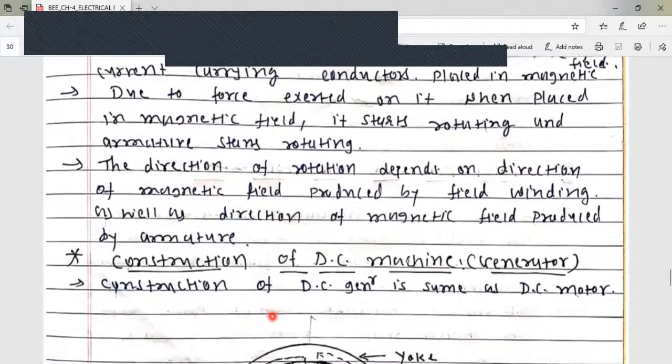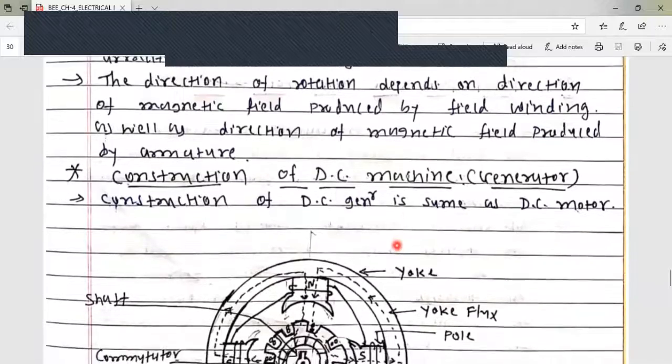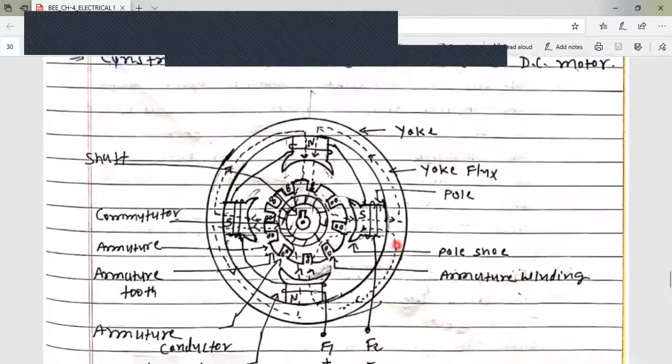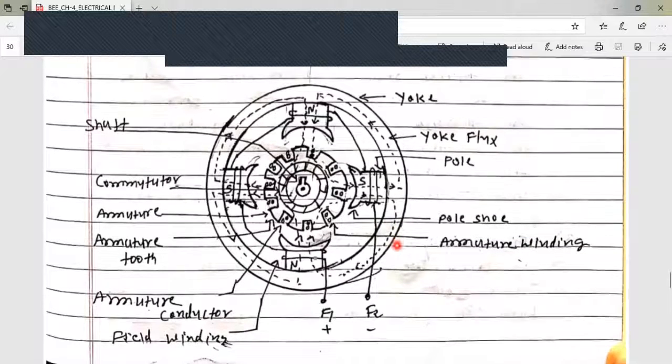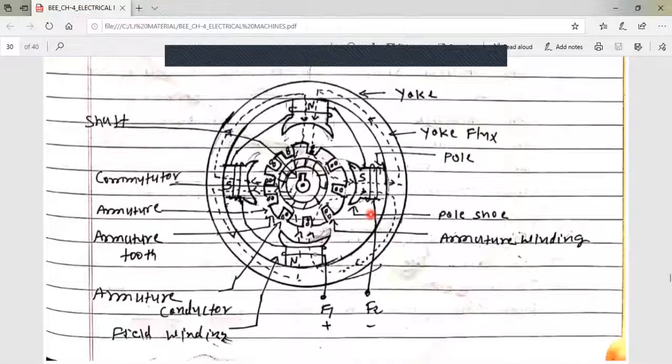Now we will discuss construction of DC machine. As we have told, construction of DC generator and DC motor is the same. Here you can see the construction of a DC machine, either DC motor or DC generator.